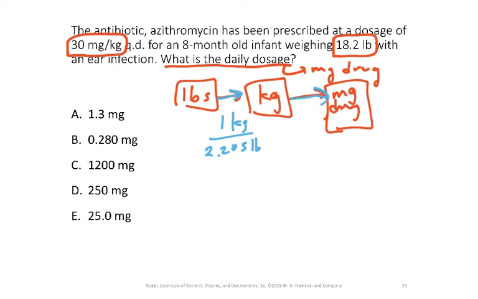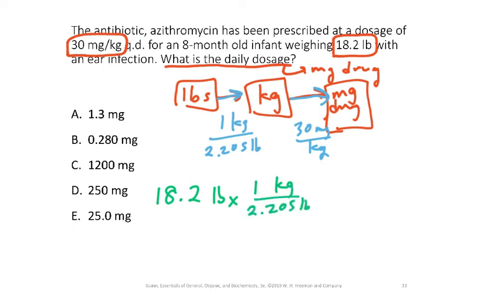The second conversion factor will be 30 milligrams per kilogram. And when we put it all together, 18.2 pounds times 1 kilogram over 2.205 pounds times the prescribed amount, 30 milligrams per kilogram, pounds divided by pounds, kilograms divided by kilograms, and we are left with milligrams.